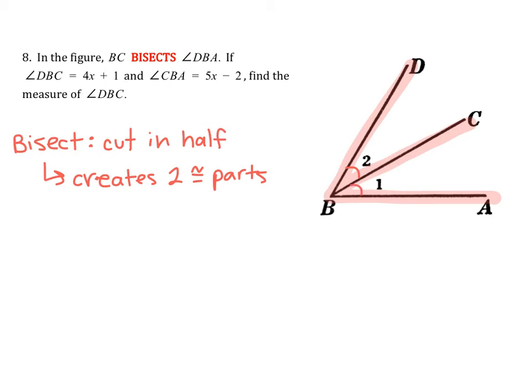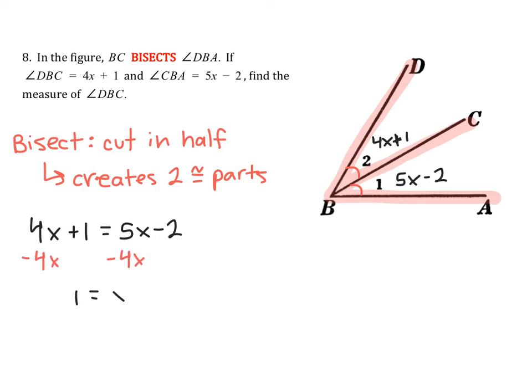So this says that DBC is 4x plus 1, and CBA is 5x minus 2. So since they are congruent, we can set them equal to each other in an equation. So here I'm going to pick the smaller x value, and I'm going to subtract that from both sides. And then in one more step, we can finish solving for x.